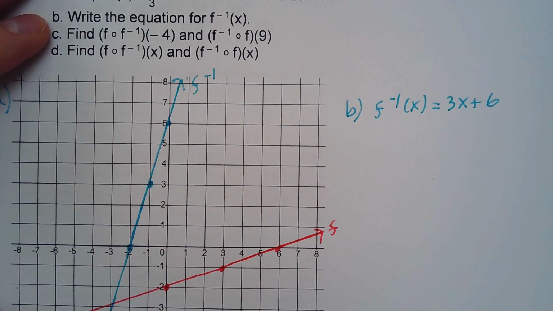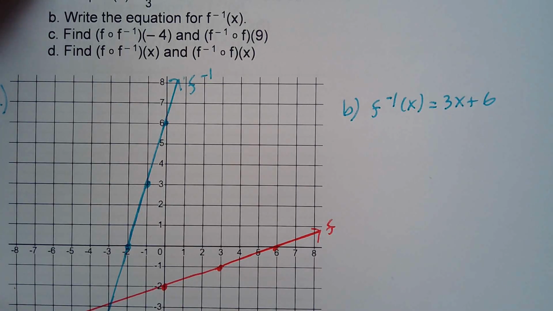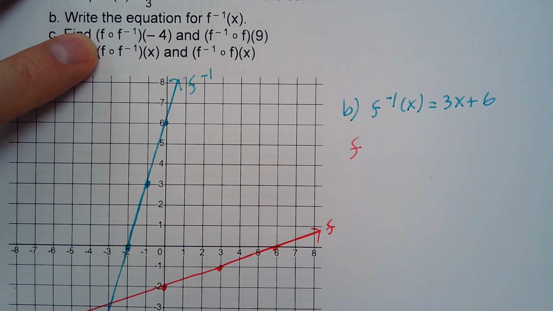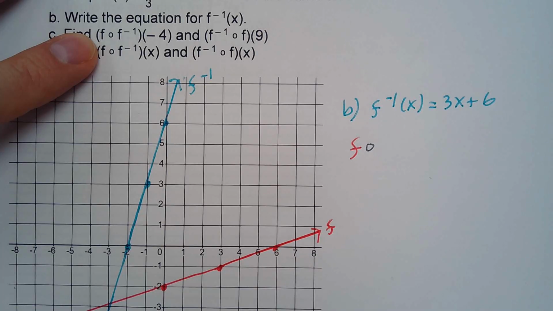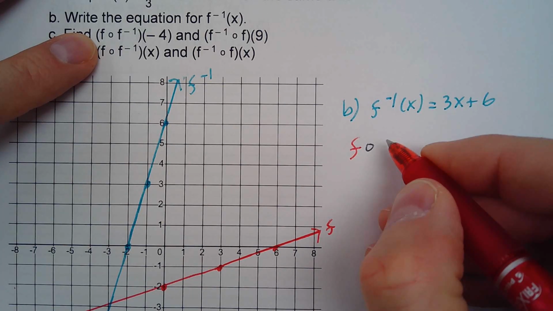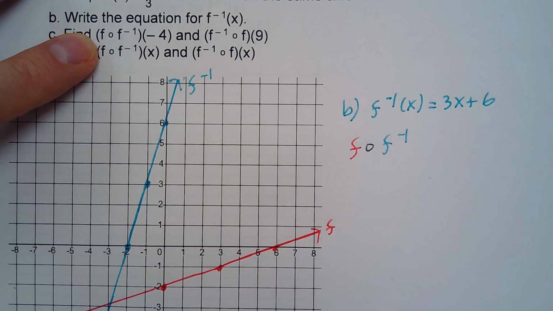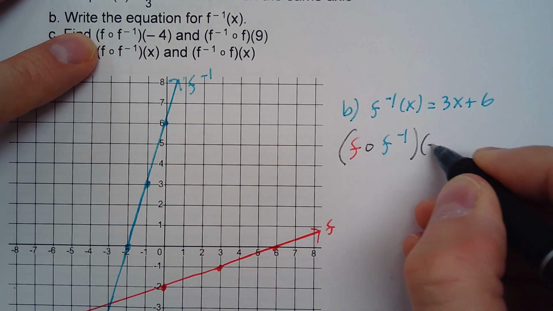Now, C says find f composed f inverse of -4.